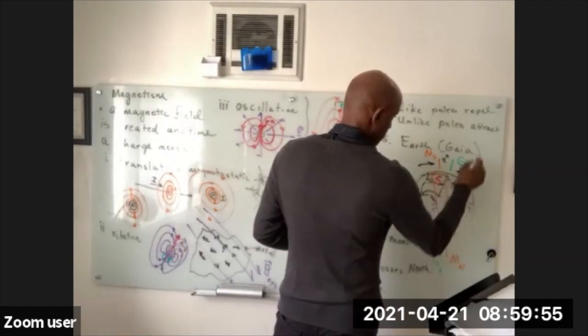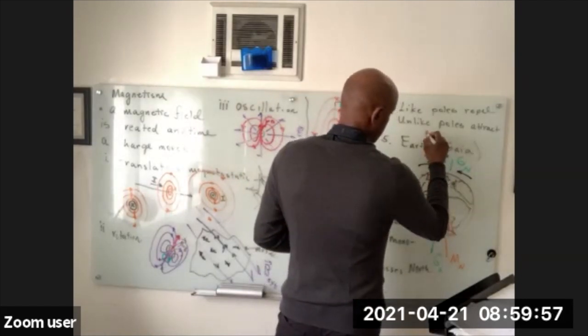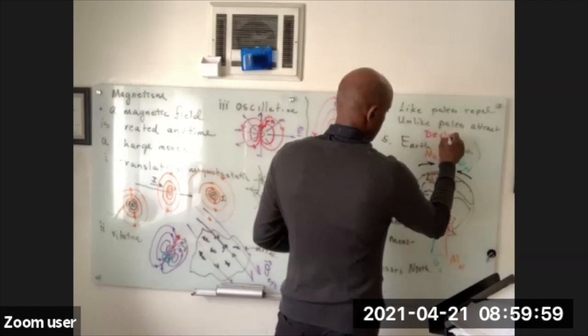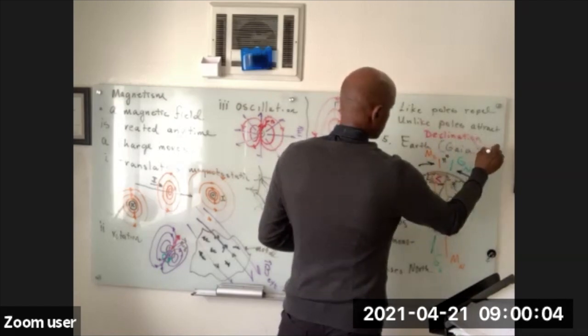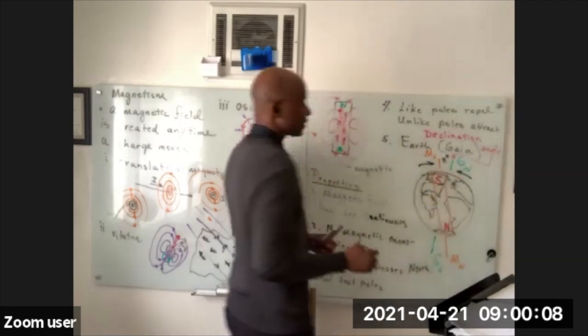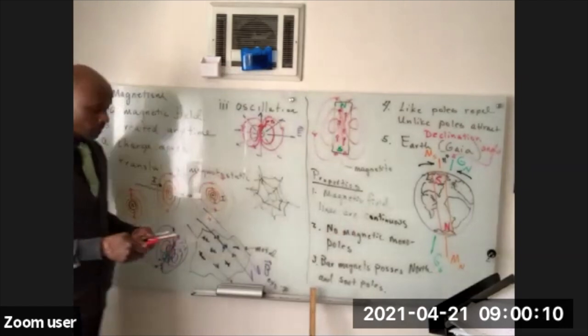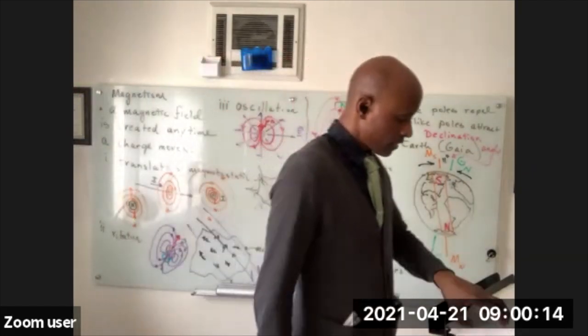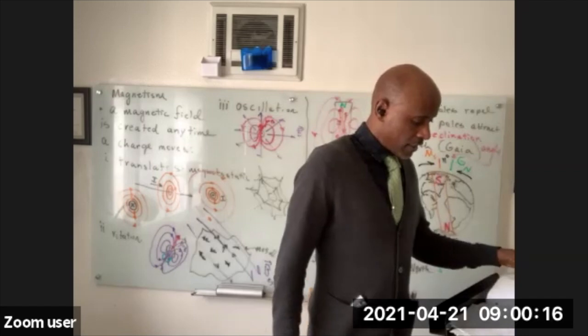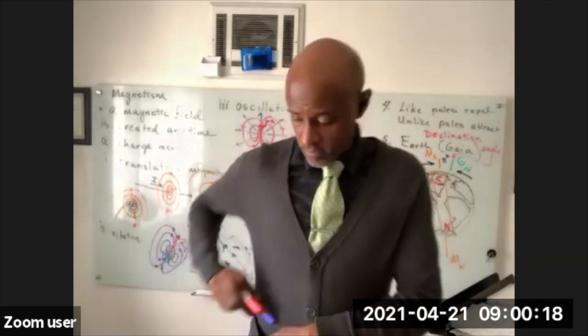Declination angle. 11 degrees. Okay, so that completes our introduction to magnetism.